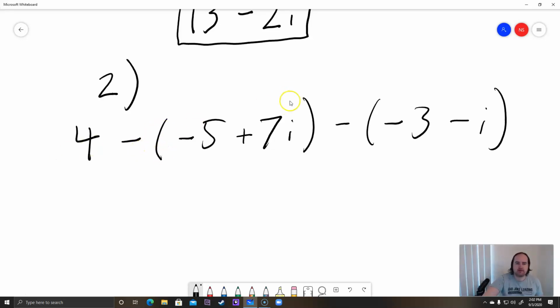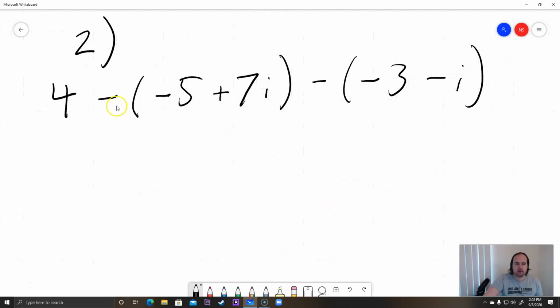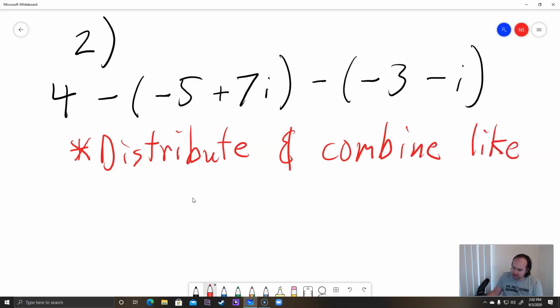And notice there's parentheses here and parentheses there. So this is a lot like the last problem. It's just here we're subtracting instead of adding. So we're going to have an extra step where we distribute the minus to each of these terms. So we're going to distribute first, and then we're going to combine like terms.